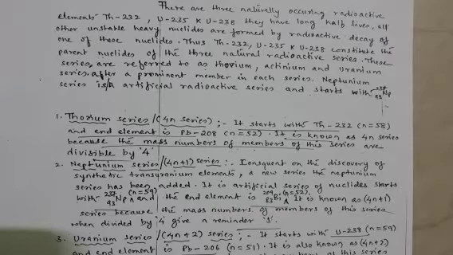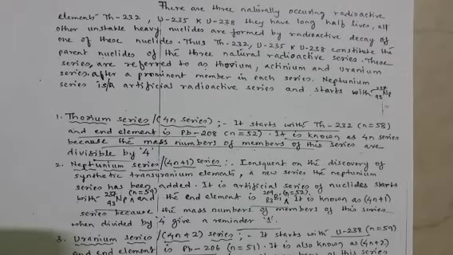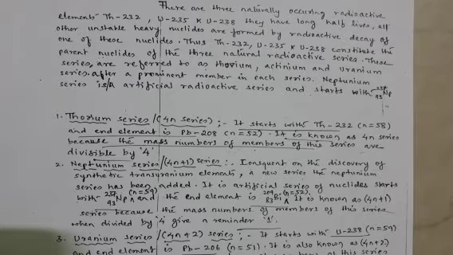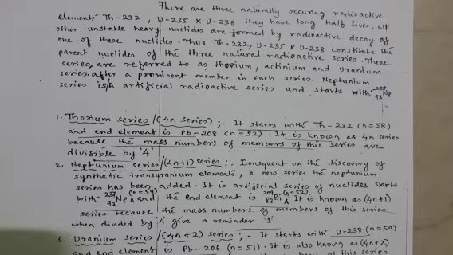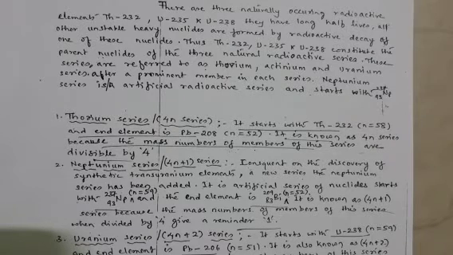They have long half-lives. All other unstable heavy nuclides are formed by the radioactive decay of one of these nuclides. Thus thorium-232, uranium-235 and uranium-238 constitute the parent nuclides of the three natural radioactive series. These series are referred to as the thorium series, actinium series and uranium series.